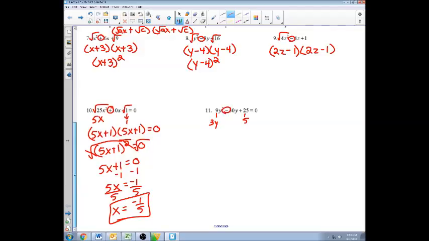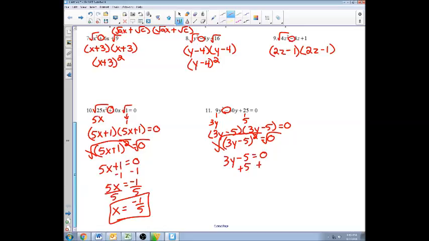My b value is negative, so this would get me 3y minus 5 times 3y minus 5 is equal to 0. I can rewrite that as 3y minus 5 squared is equal to 0. Again, I'm going to start solving for y, so I need to take the square root. That gets rid of my squareds. This is 3y minus 5 is equal to 0.